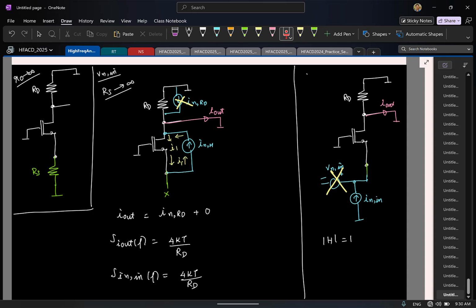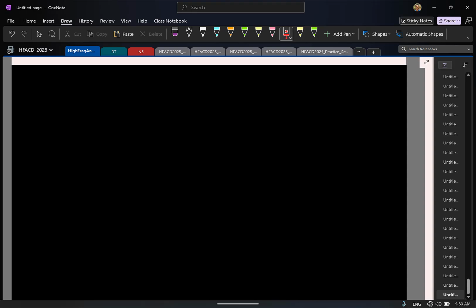Okay, so then let's look at the third example. I'll consider this case. You can think of it as a common source with a resistor at the source side. So I'll draw the small signal picture.